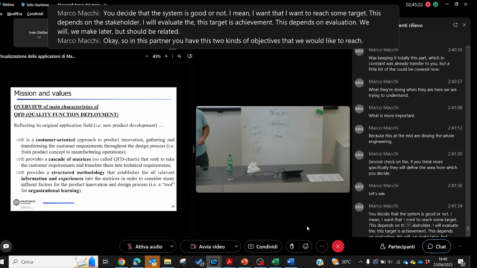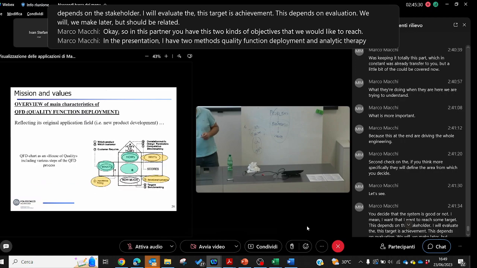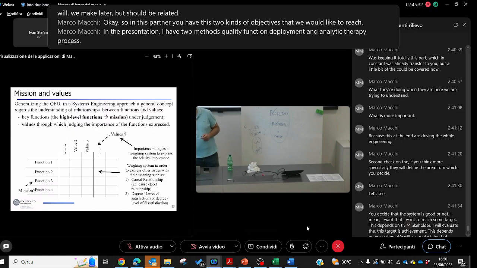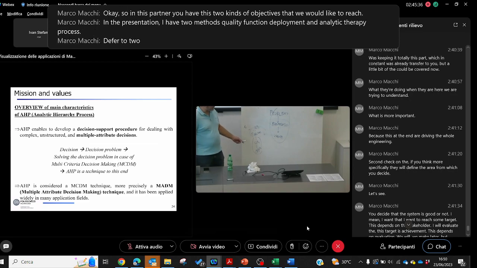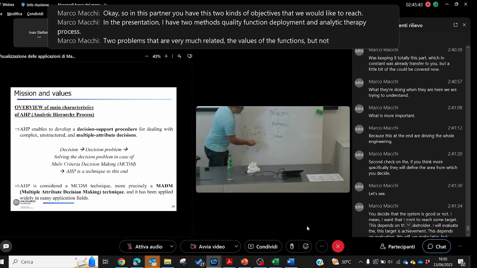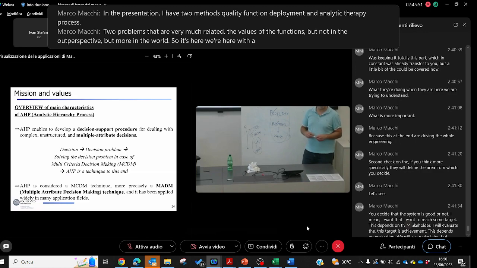In the presentation, I have two methods, quality function deployment and analytic hierarchy process, for two problems that are very much related to the values of the functions, not in the how perspective, but more in the why. So here we are with AHP and quality function deployment.